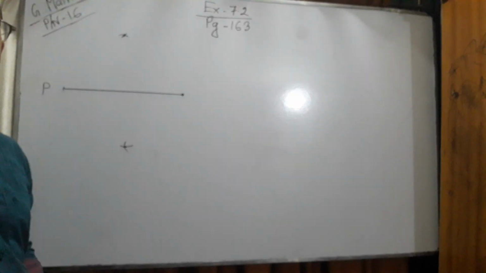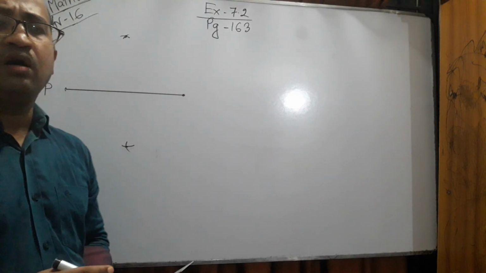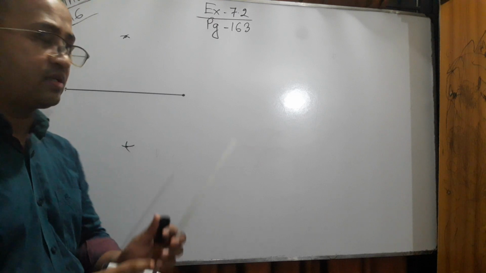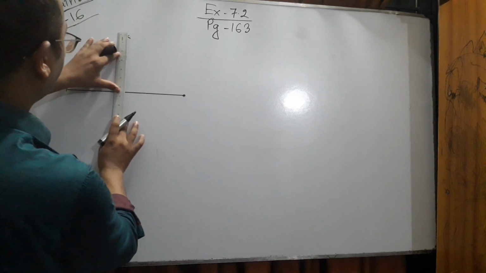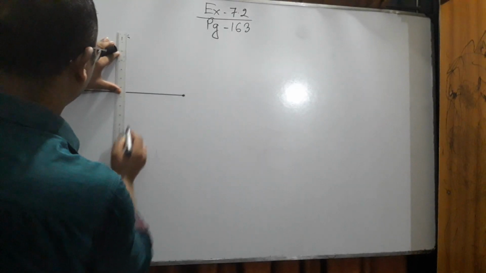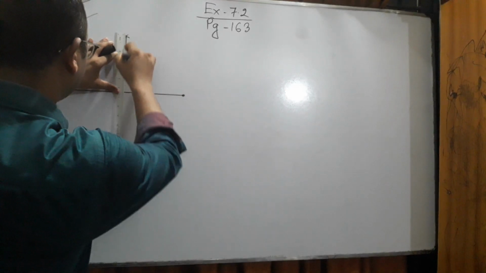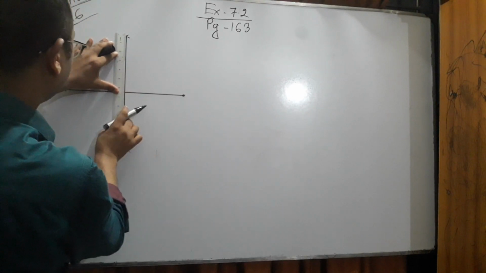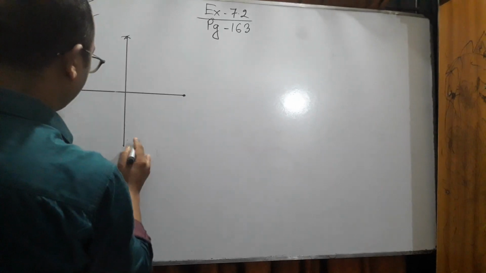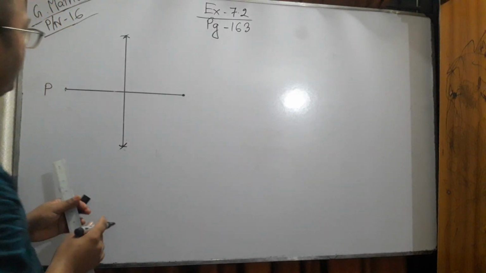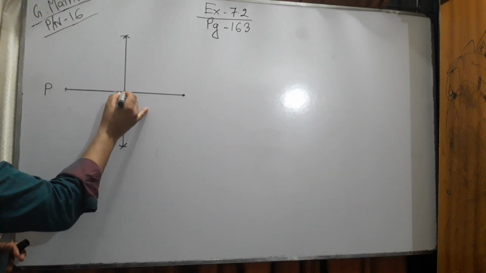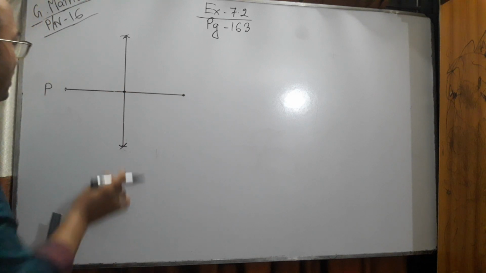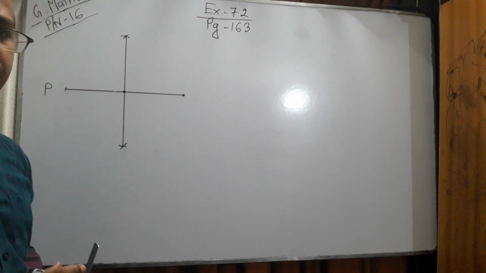Now join these two points. This line becomes two equal parts, or bisected. So now at this point it becomes half.